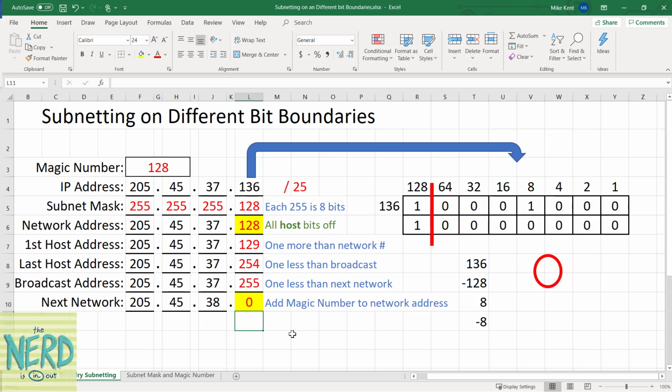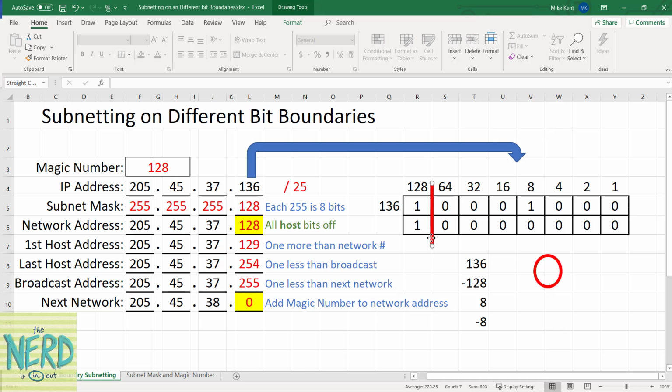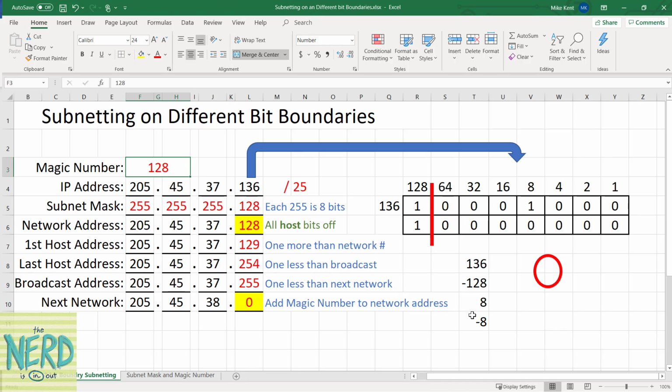And the best way to do this is to practice. It's not hard. You just have to practice. You get your subnet mask, and when you're getting your subnet mask, that gives you your magic number and gives you that dividing line. So once you have that dividing line and your magic number, you're home free.